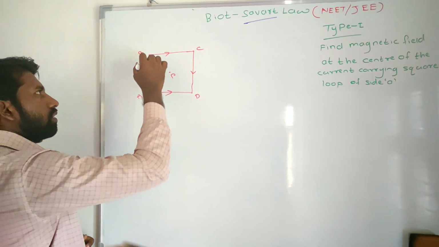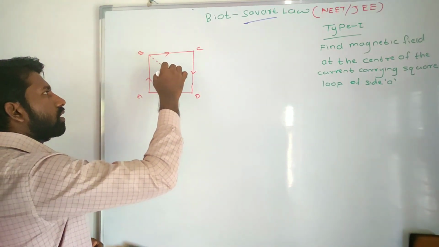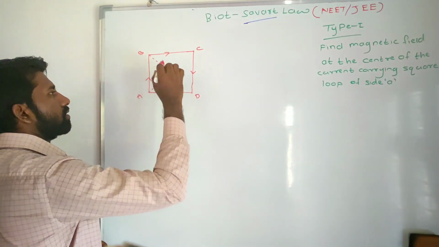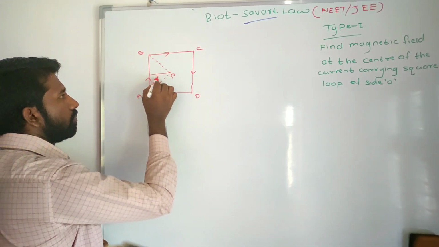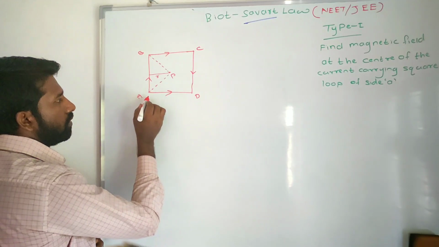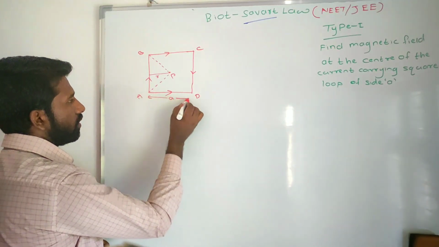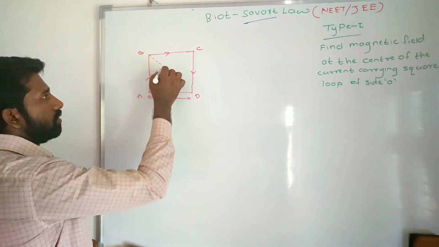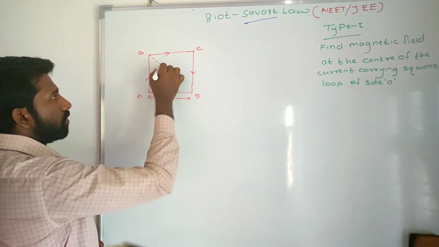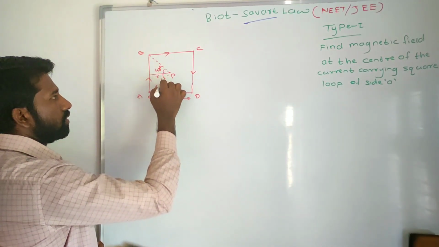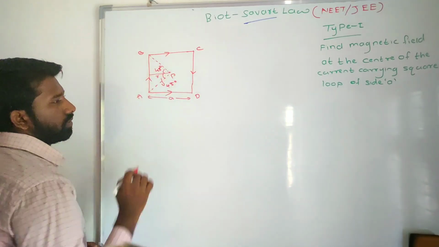Then all the straight current carrying conductors have the same length. So this is the perpendicular distance r. One side is given as A. Clear? Then this angle is 45 degrees. If this is the perpendicular, this is 45 degrees, and this is also 45 degrees.